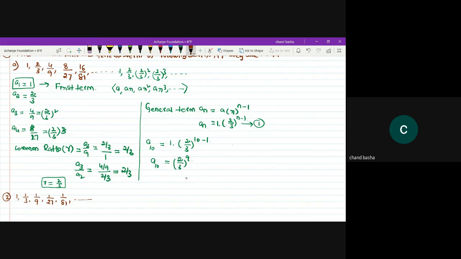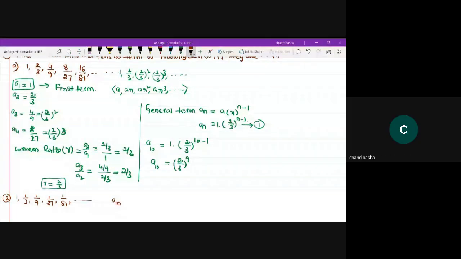Yeah, so this is the given question. Let us find out the first term, ratio, general term. Also find the 10th term. Yes, Sarandeep.